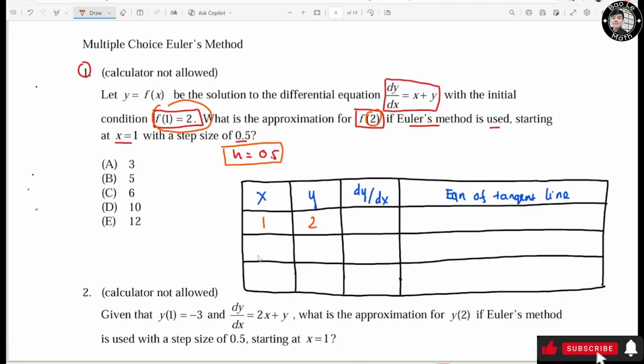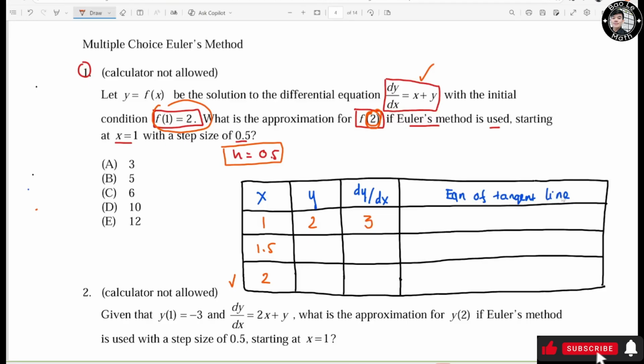So 1 right here, 1.5 right here, and 2 right here. We stop right here because we need to calculate f(2). Now, dy over dx equals x plus y, so we add 1 and 2, which is 3.